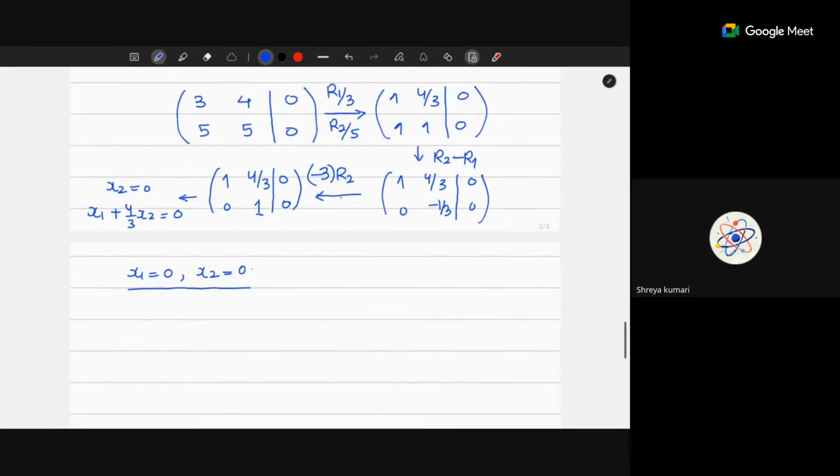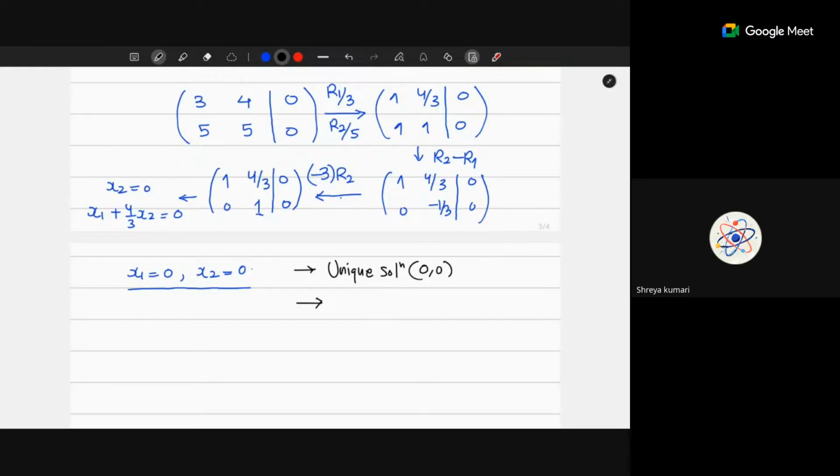So what do we note from this? Unique solution, 0, 0. And the second thing that we note in this example is that because the solution vector was 0, 0, no change happened in the solution vector.